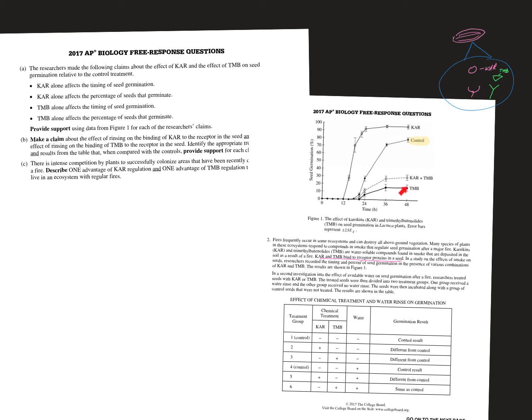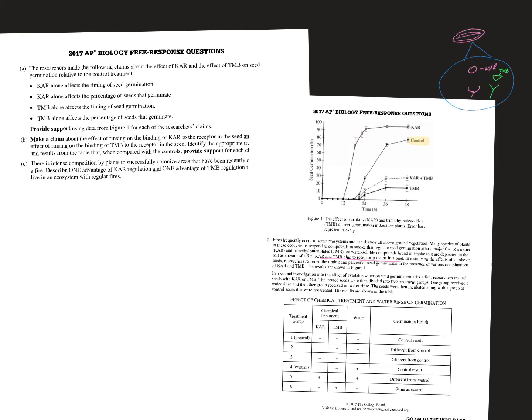Now you see the error bars. There is some standard error, but the results are well within the standard error, so they're fine. I don't have a problem with saying that TMB does negatively impact the percentage of seed germination and slows down the beginning of germination, where KAR speeds up germination and increases the percent that germinate.